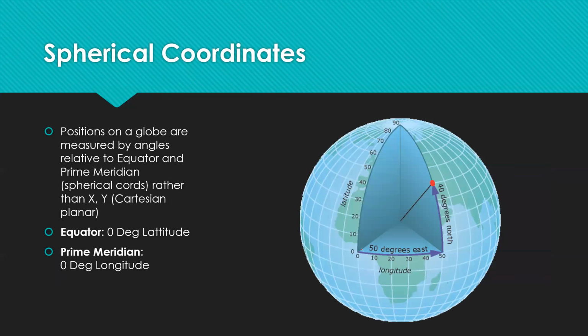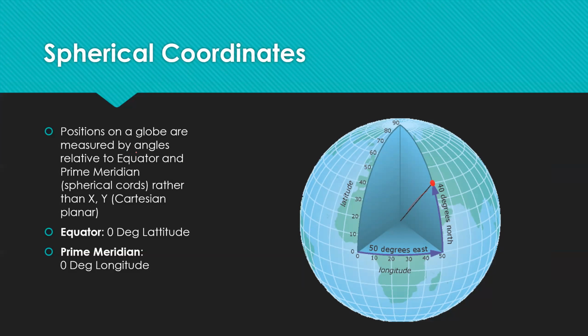So now we use a spherical coordinate system. I said the Earth isn't perfectly spherical, but the coordinate system works pretty well. Here are our degrees, so we're going across the surface of a sphere. We just need 2 points, and then that'll get us our location.